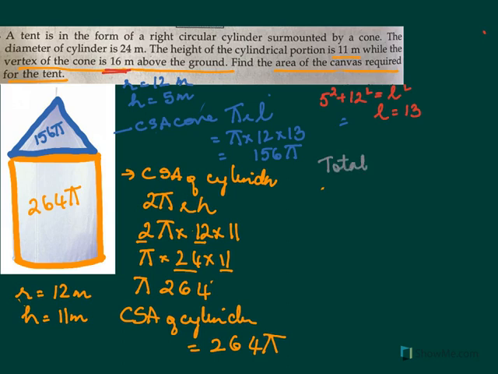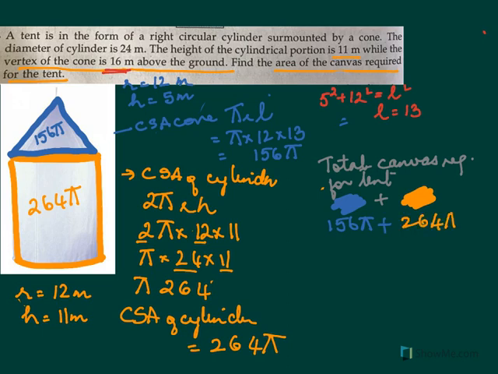So the total canvas required for the tent will be the blue surface plus the yellow surface. The blue surface is 156 pi plus the yellow surface, 264 pi, and that works as 420 pi.